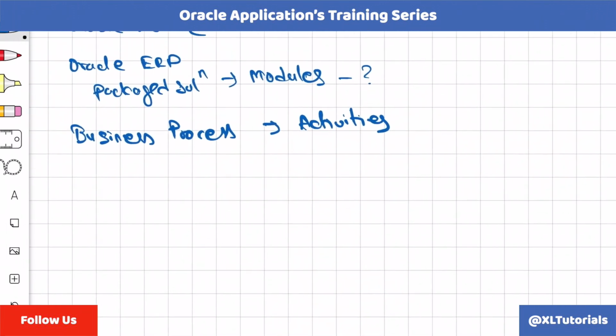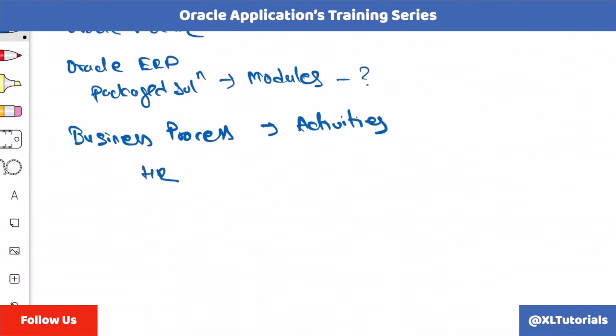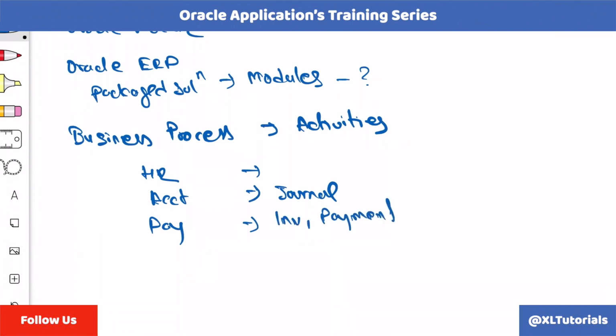For example, HR is a business process, or accounting is a business process. Within each business process, people do various activities. Like in accounting, we do journaling. Similarly, if you have a payables business process, you do things like invoicing, payment, and so on.